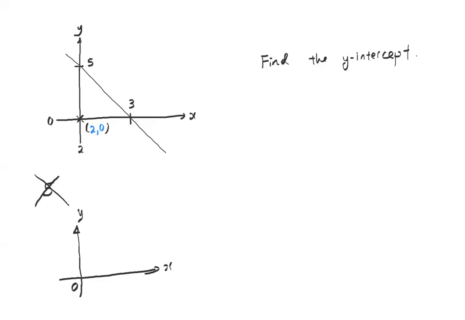So this point will read as 2, 5, because I put a 2 here. So can 5 be the x-intercept? Can 5 be the y-intercept? No. But x-intercept, yes, is 3.